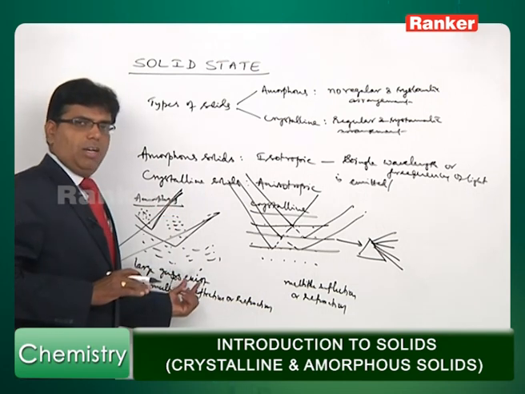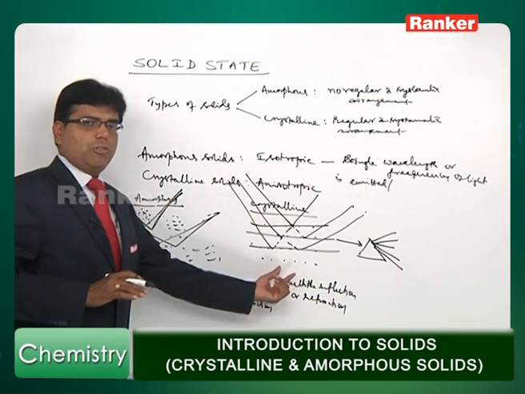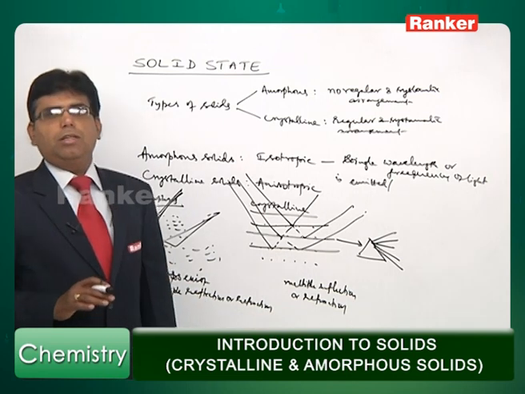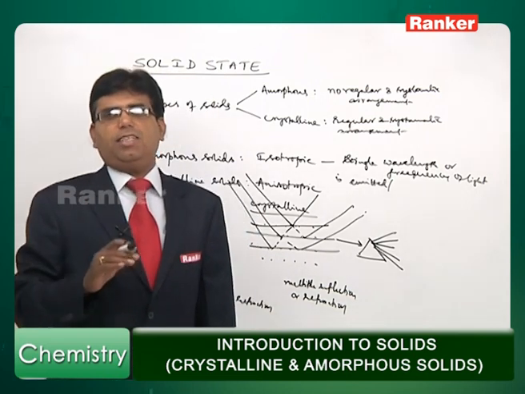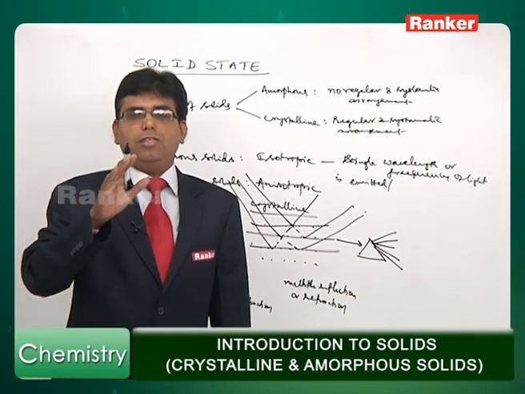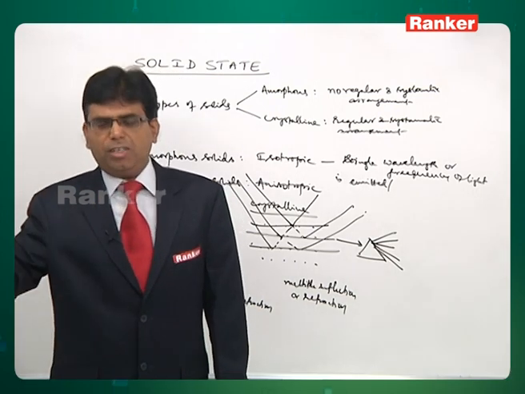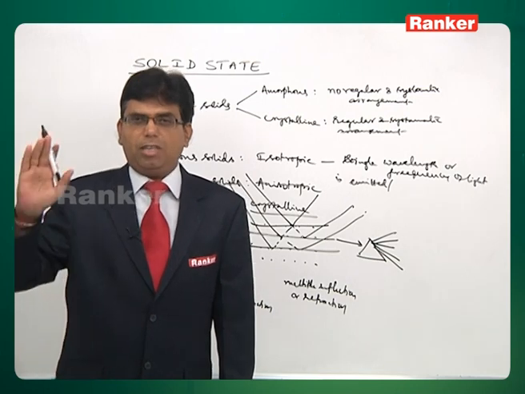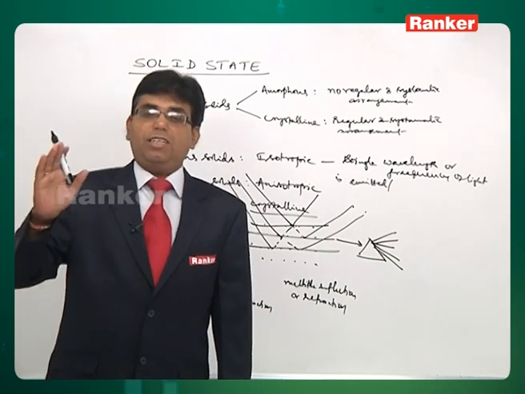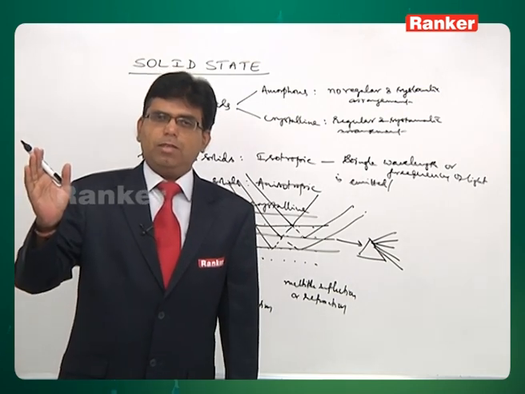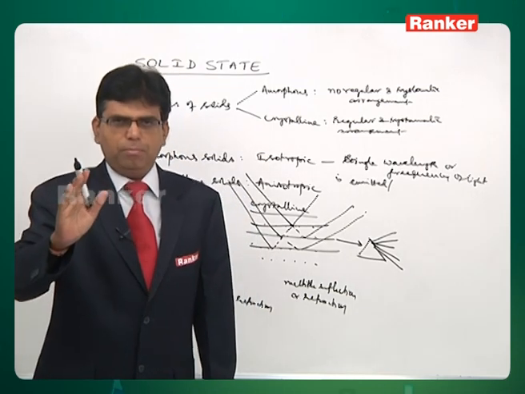Amorphous solids are isotropic and crystalline solids are anisotropic, meaning the light properties emitted are uniform throughout the substance in amorphous solids, while in crystalline solids the wavelength and frequency of the emitted light differ at different angles.